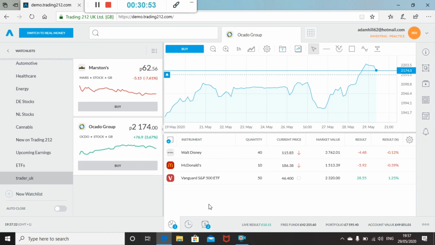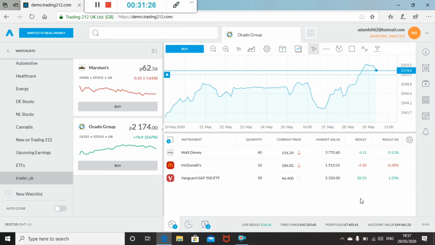The market value, 3,762. For me, that's in pounds. That's in your base currency. You can see that I have 40 shares at $115 a share. That doesn't add up to 3,765, but it's obviously converted back to your base currency.